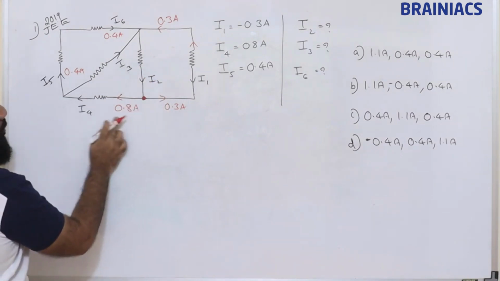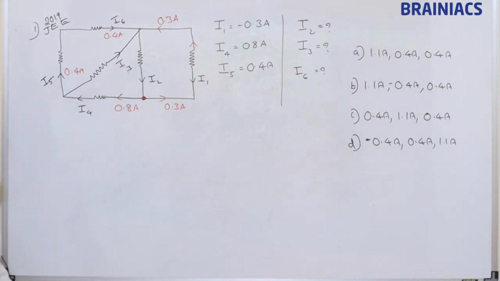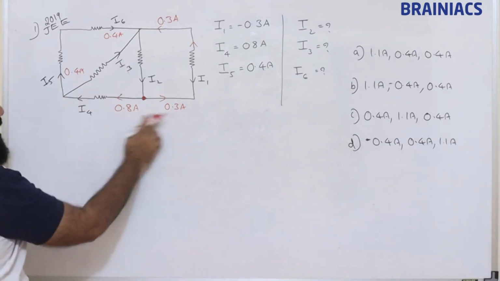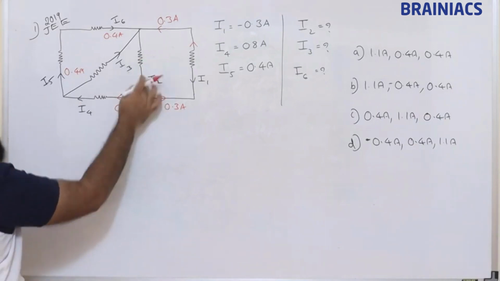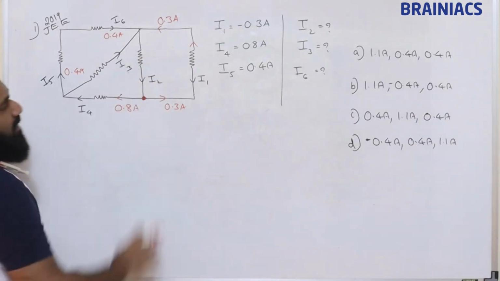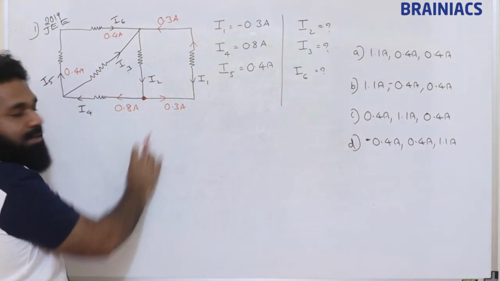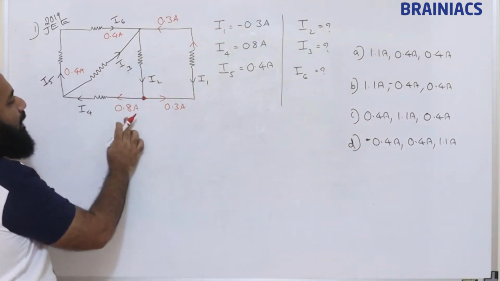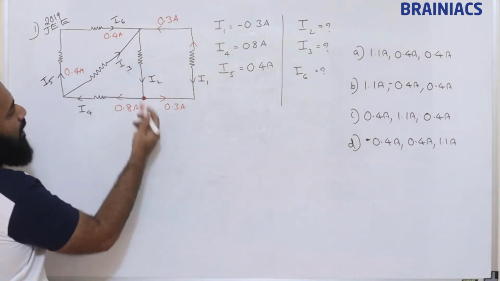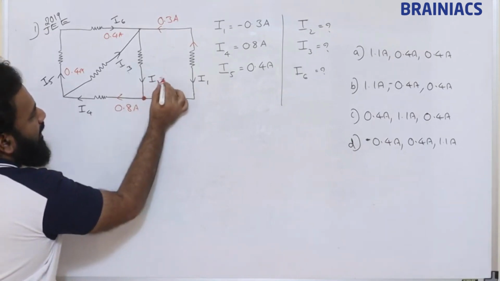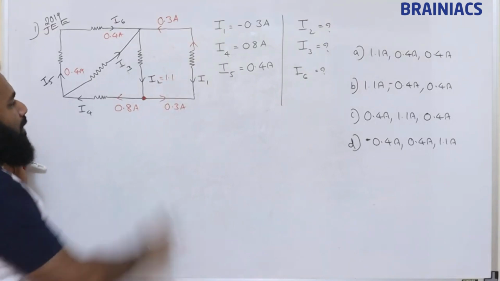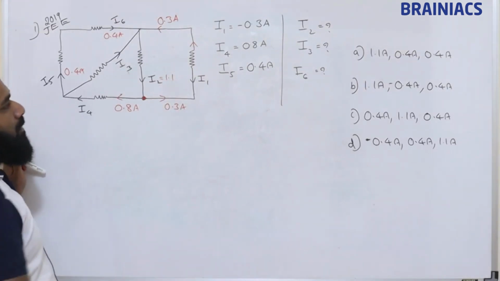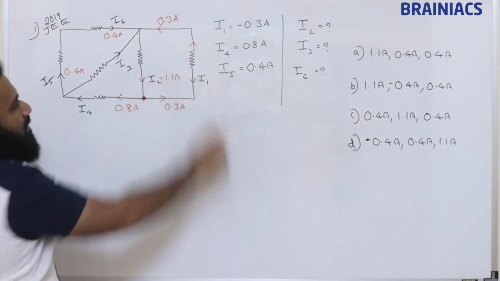This splits into 0.8 ampere and 0.3 ampere. So the sum of these must come here. 0.8 plus 0.3 will be 1.1. So directly we can take 1.1 ampere. Correct, no? So this is done.